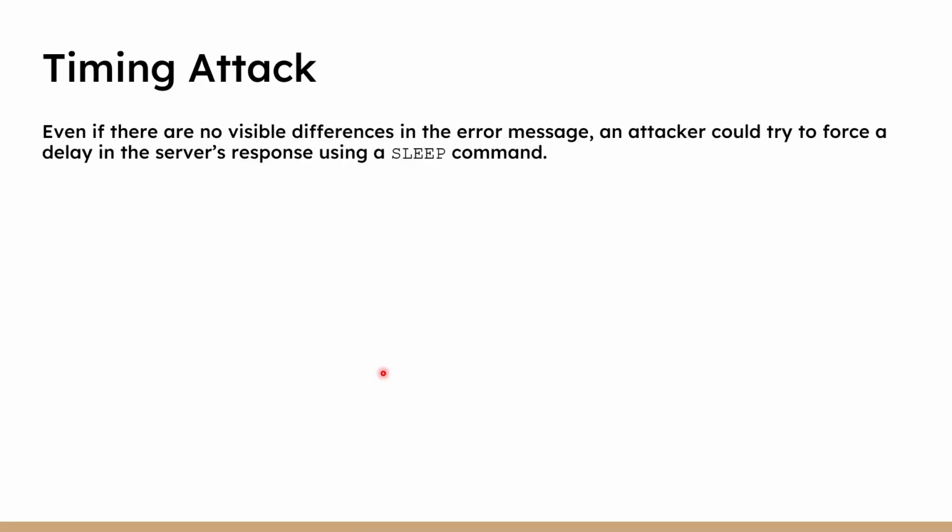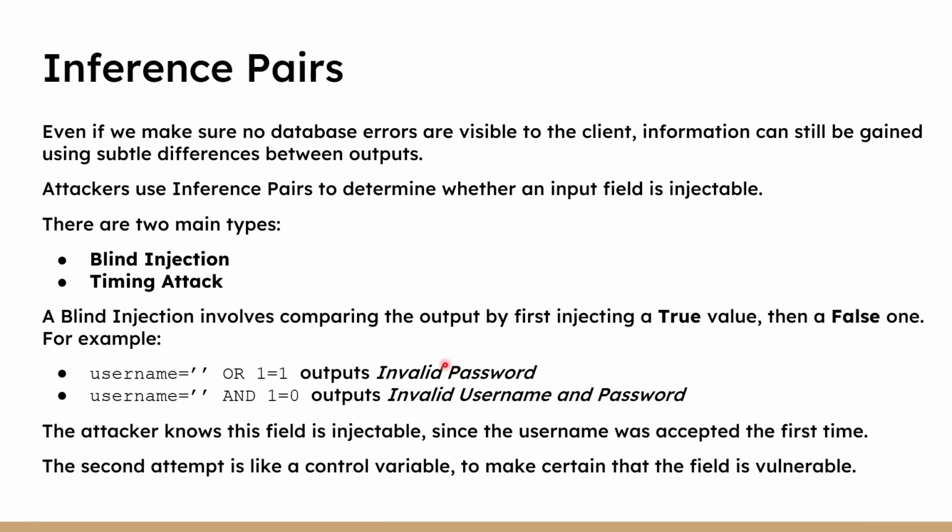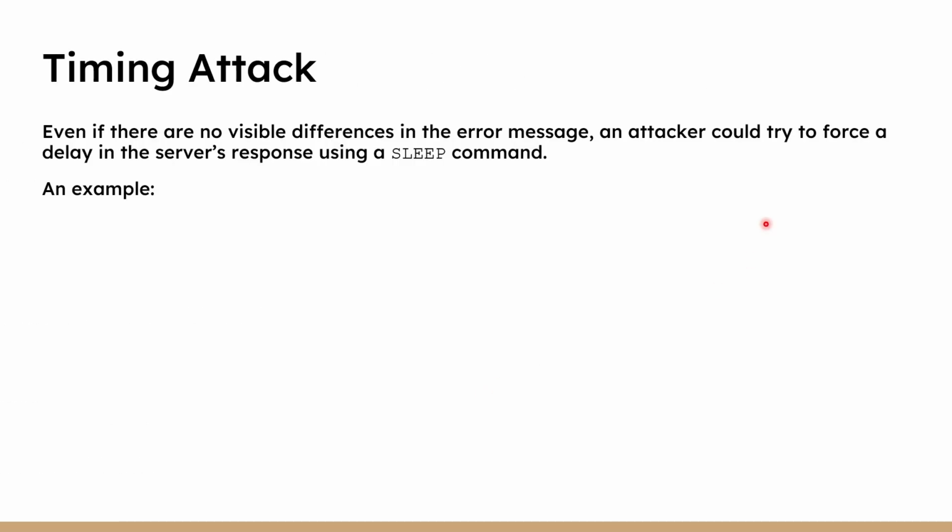A timing attack is a type of inference pair. Even if these both say just invalid login details and this doesn't give you any information, they could try and force a delay in the server's response. They input this as an injection, and it will say if something always true, sleep for this long.